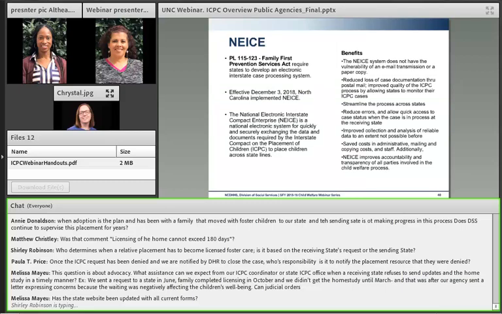Effective December 3rd, 2018, North Carolina implemented NEICE. This allows our state and office to quickly and securely exchange data and required documents across state lines. It really helps streamline the process across states and allows for quick access to case updates.